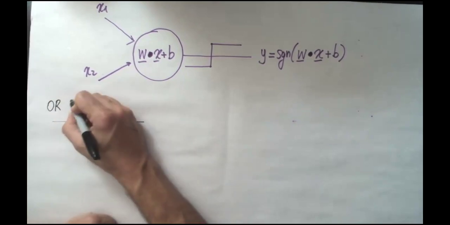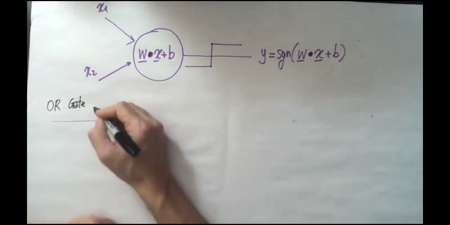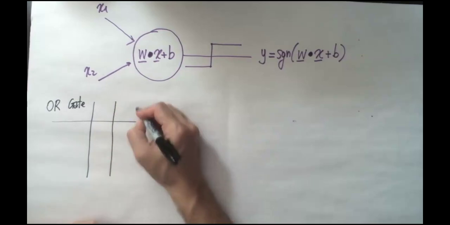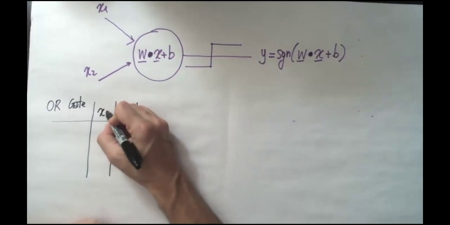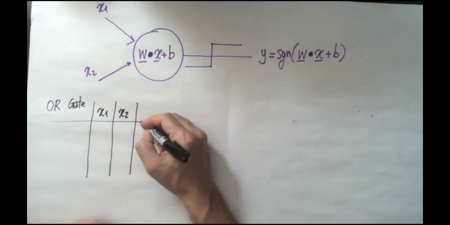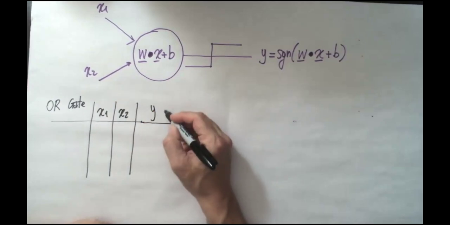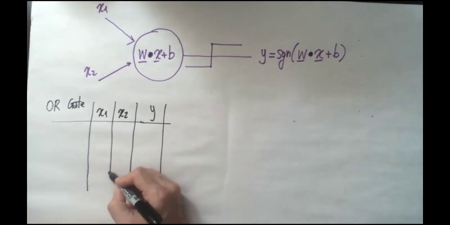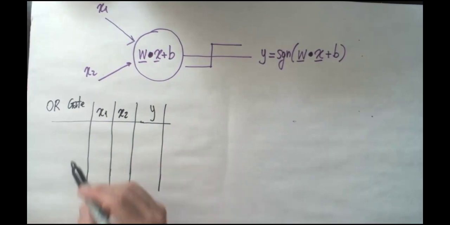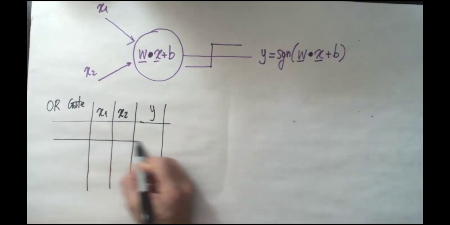So the OR gate has two inputs, x1 and x2, and the corresponding output or label. We will have four options.